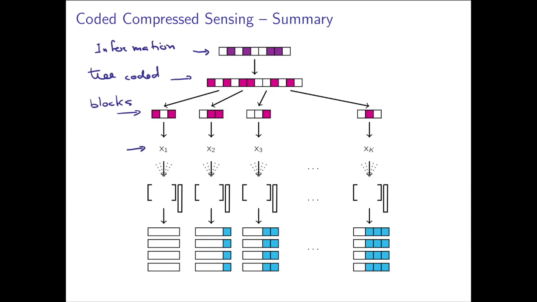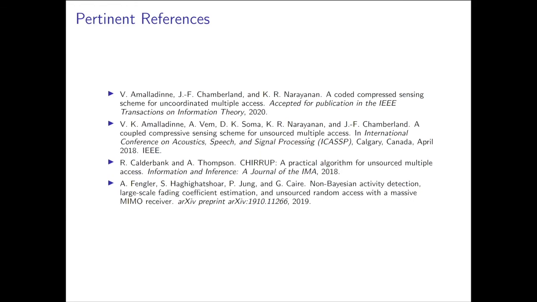The many devices transmit over the multiple access channel, leading to multiple instances of compressed sensing. The receiver decodes these compressed sensing instances, leading to lists of fragments. And as a last step, the tree decoder uses the parity pattern to stitch the fragments together, leading to the transmitted messages. And this concludes our overview of coded compressed sensing.